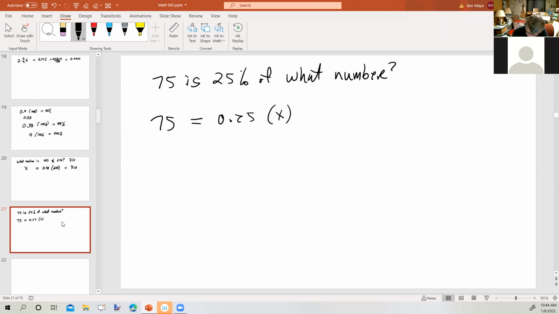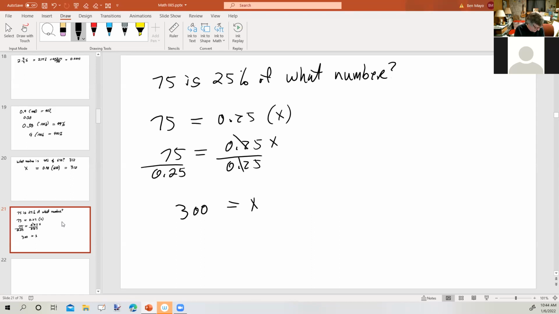Okay. So 75 equals 0.25x. To solve for x, we would divide both sides by 0.25. So if I take 75 divided by 0.25, I get 300. So 75 is 25% of 300. Any questions there?